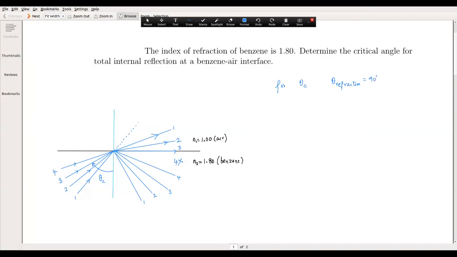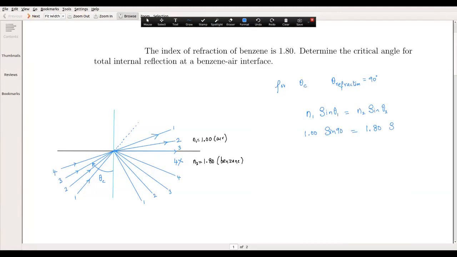And sine of 90 is 1. So the law of refraction is governed by Snell's law, which is n1 sine of theta 1 is equal to n2 sine of theta 2. And plug in the numbers. N1, that is the number for air, is 1.00. What's the angle in air? That is the angle of refraction. That's 90 degrees. So it's sine of 90 degrees. And n2 is that of benzene.